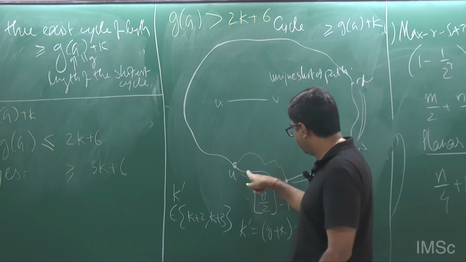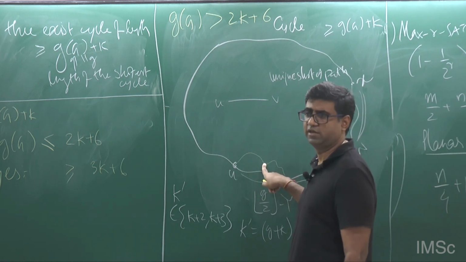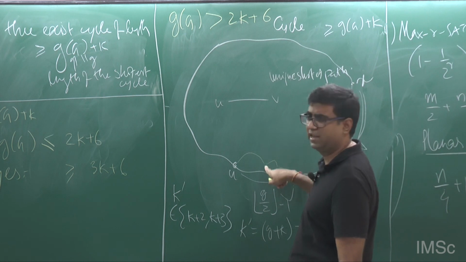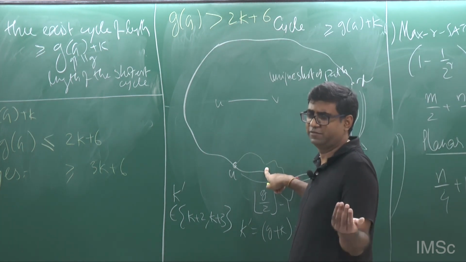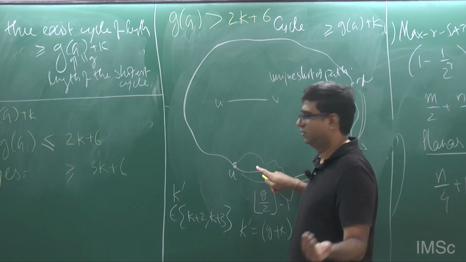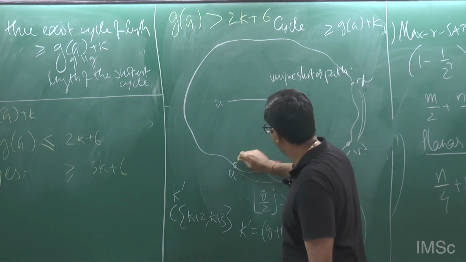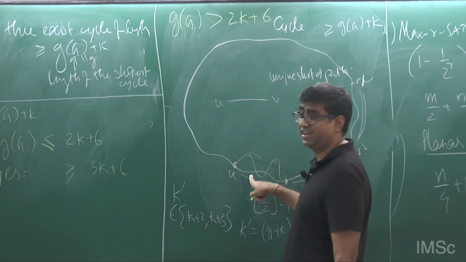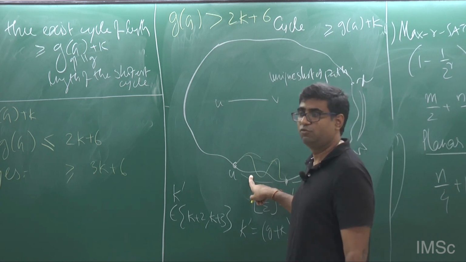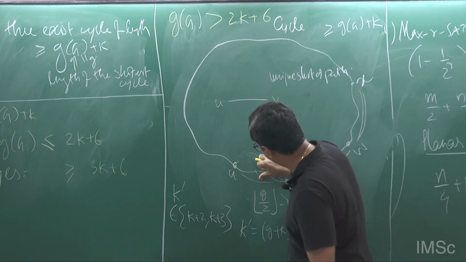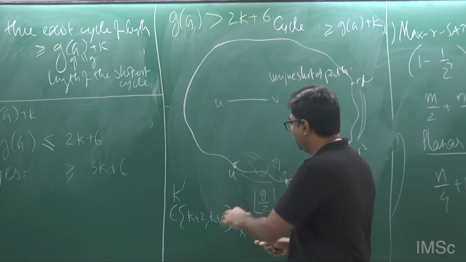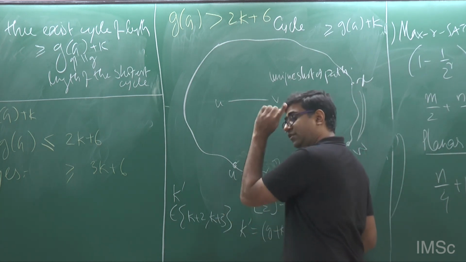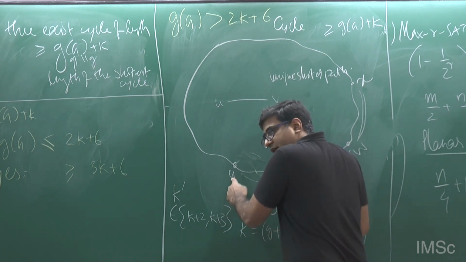Either it intersects this portion or it may not. If it doesn't intersect, the cycle length is strictly less than g. That's not possible, as the girth of the graph is much bigger. Okay, fine, so it intersects. If it intersects, I get an even shorter cycle. So what did we learn? That u to v is actually the shortest path, and it's a unique shortest path.